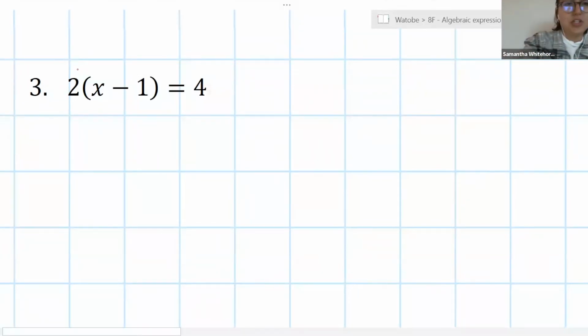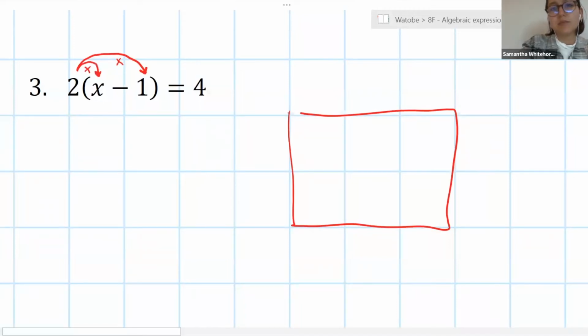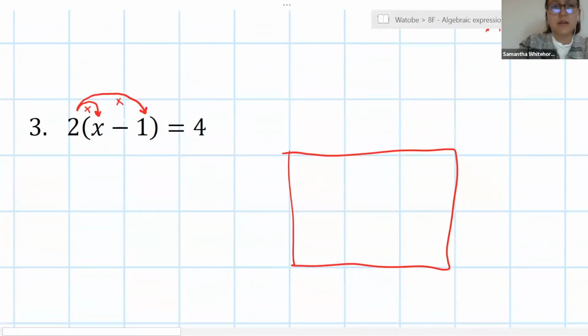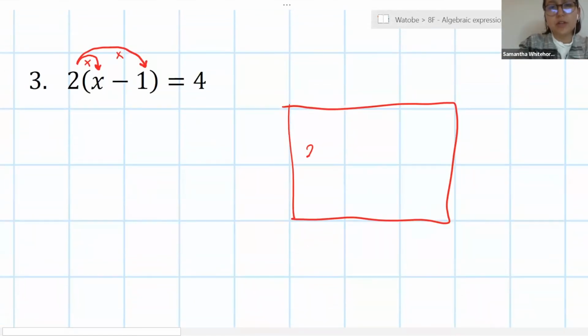When I say distribute, I mean that I have to multiply the 2 with the x and the 2 with the negative 1. If you want to, you can have a little multiplication block to write it down as you go so you make sure you're doing things correctly. 2 times x is 2x.